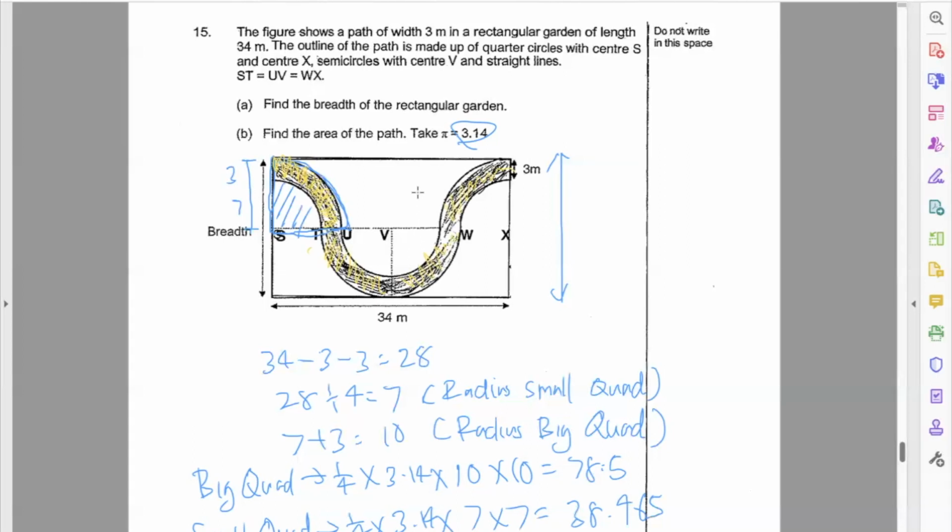So to get the answer, it will be big quadrant 78.5 minus the small quadrant 38.465 and multiply by 4, since there are 4 sections. 1, 2, 3, 4. Add it up together and you get 160.14. And that's the answer for part B.